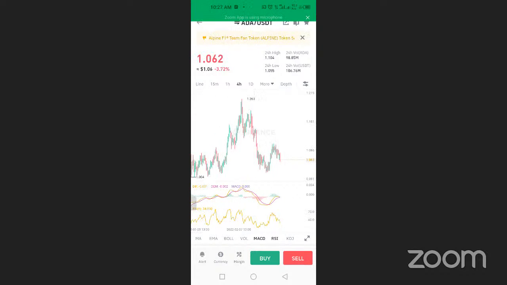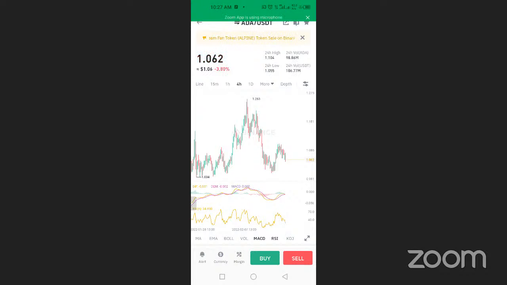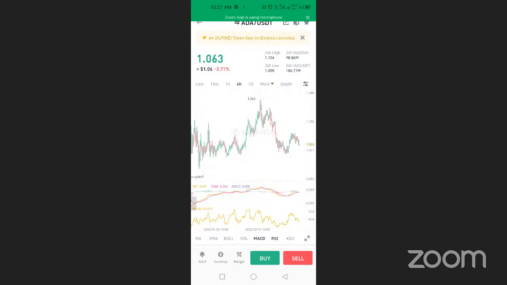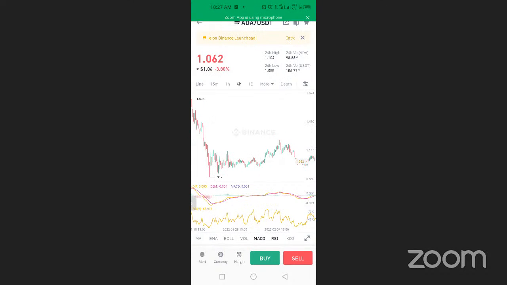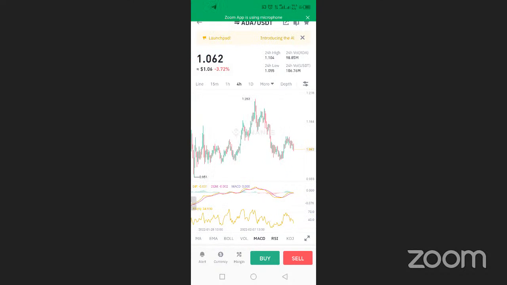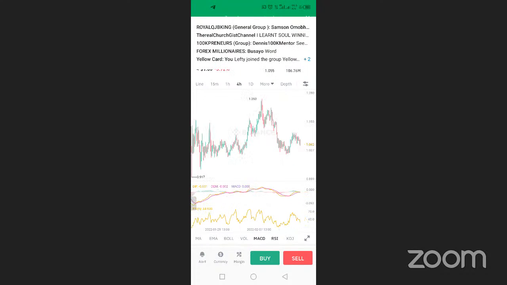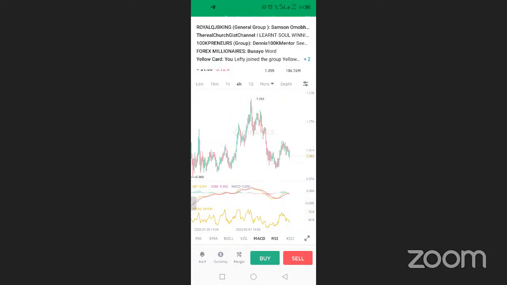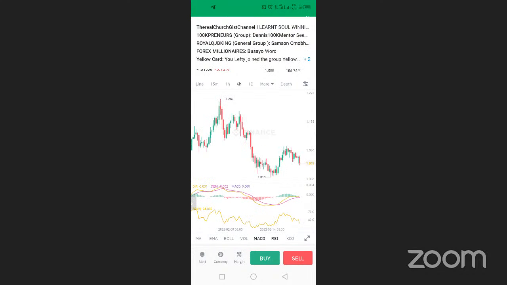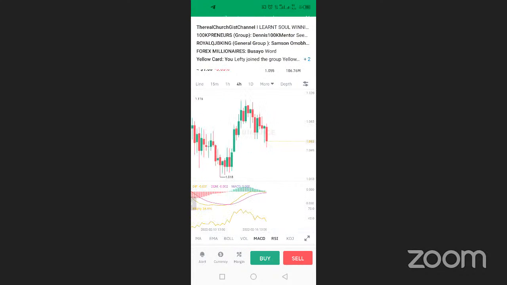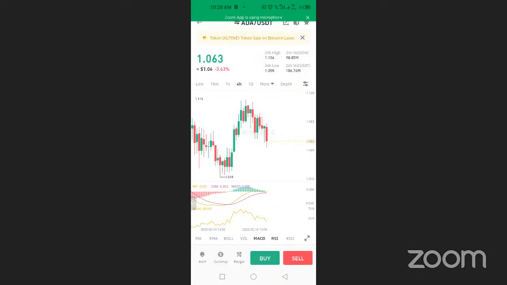If I squeeze it like this, we can now see many sides of it. You can see that ADA has been falling for long, then trying to go up, come down, go up, come down. Anyway, now this 4 hour candle, this was what happened in the last 4 hours.